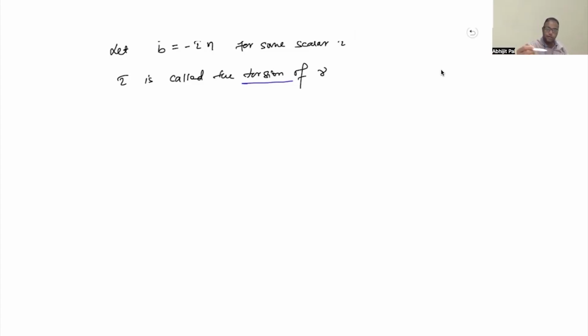So now I'll give you a formula for how to compute the torsion of a regular curve. Okay. So let me write down.